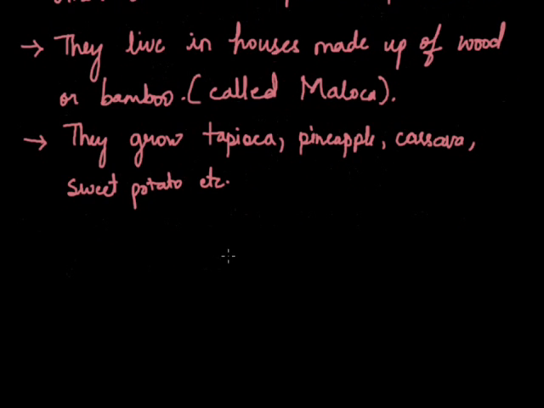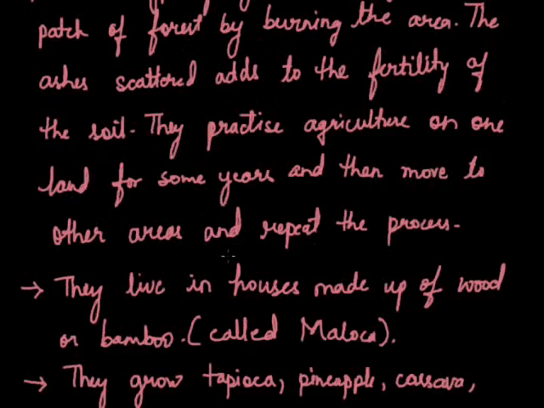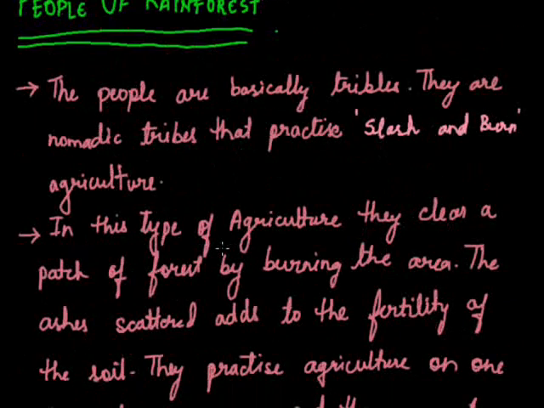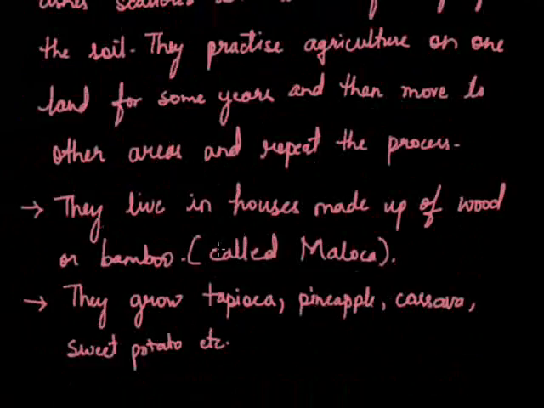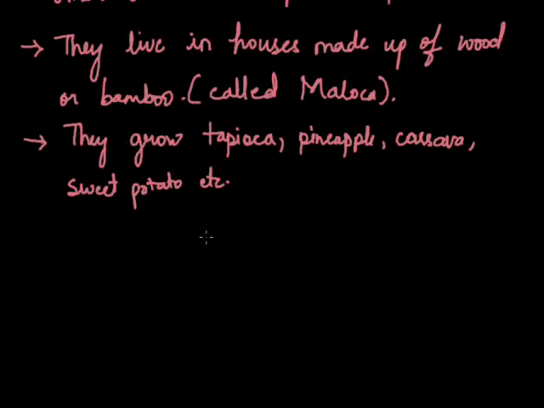The life of the Amazonians is not the same now. In recent times, we see that because of the extension of developmental activities, the industries, the roads, the traffic is also interfering with their livelihood.